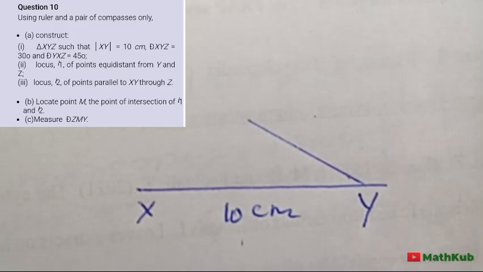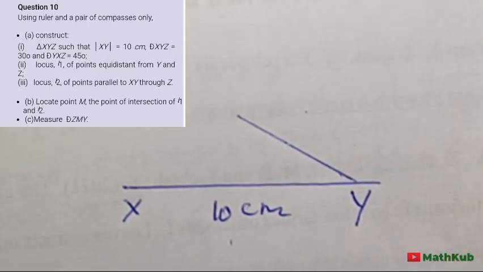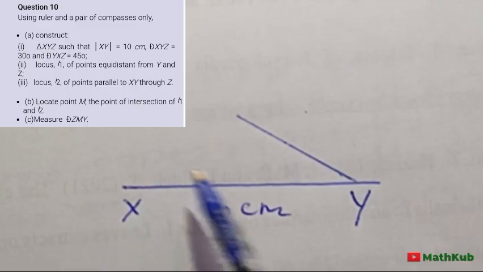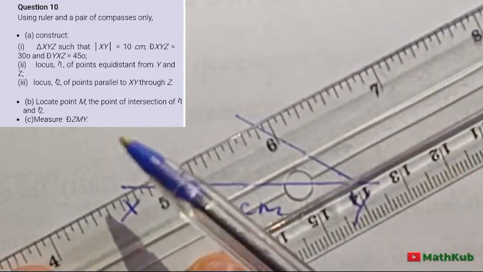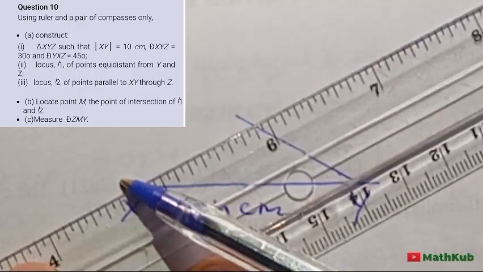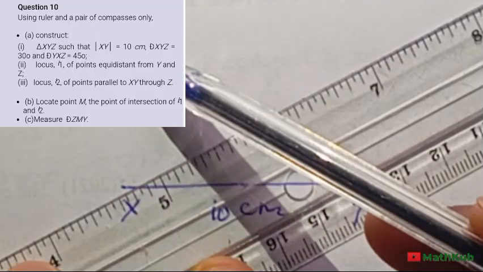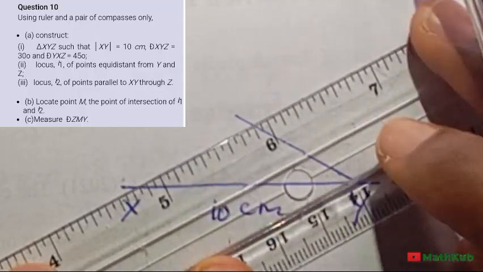What is the next one? Angle YXZ equals 45 degrees. This particular place. So you also construct 45 degrees. To construct 45 degrees, you bisect 90 degrees. You first draw 90 degrees here.